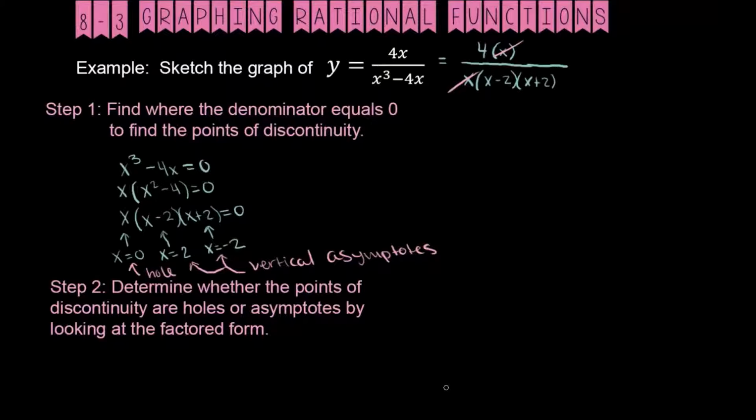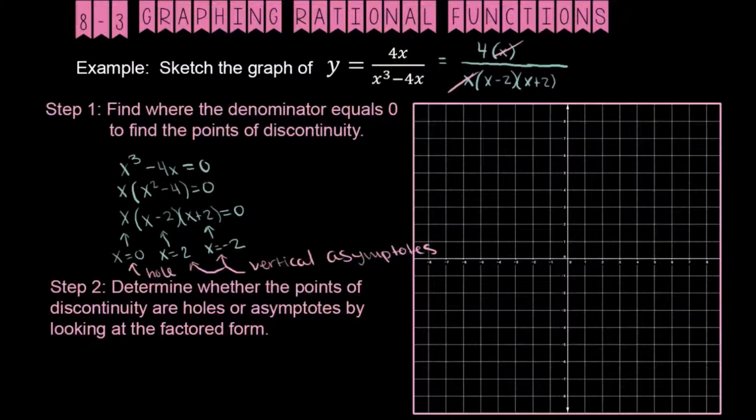For the sake of space, I am going to go ahead and plot these places on our graph. Sorry, I'm going to label this so that I can find it, because I'm going to be playing with my layers so we have space.